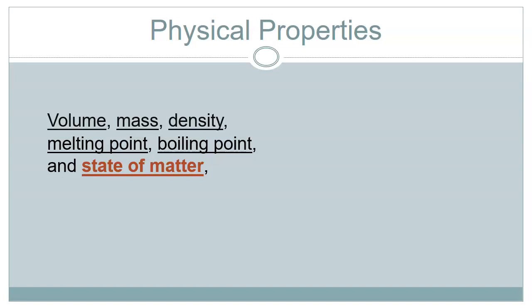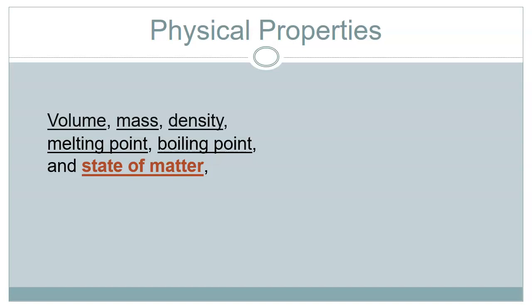And also state of matter. And of course, the three major states of matter would be solid, liquid, gas, and there's also plasma. So what state of matter a particular material is in, or a particular substance is in, is a physical property. So each of the substances that you were given today were solids.